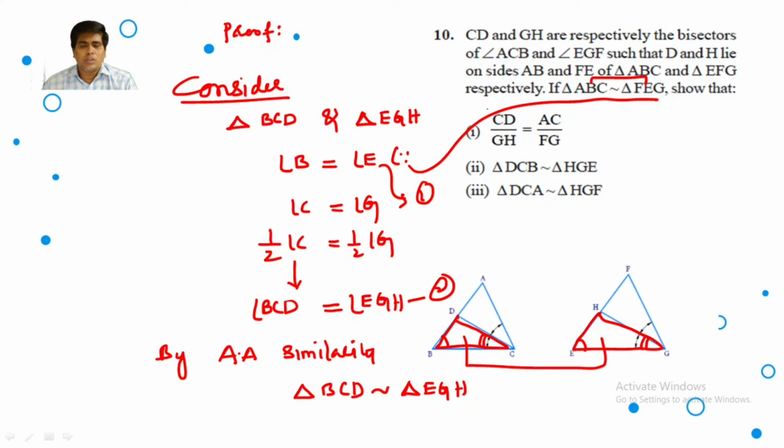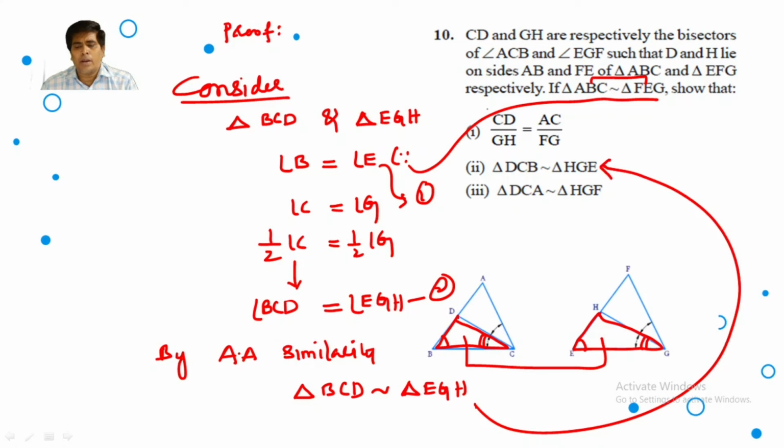This is the second one we have proved here. BCD is similar to EGH.